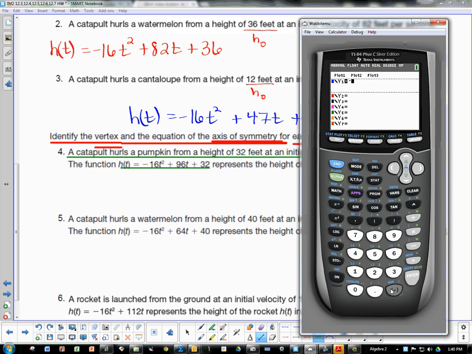We have negative 16x squared plus 96x plus 32. I'm going to probably need to come up with a reasonable window. So window, let's say an x maximum. I'm going to keep the 10 there. A y max. We're hurling a pumpkin, so why don't we go to maybe 50? We'll see what that looks like.